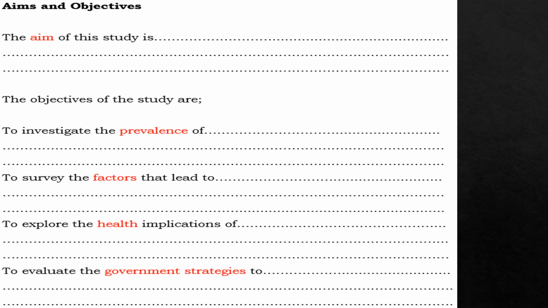The first objective would be around prevalence. This will be followed by factors, and also to explore health implications, outcomes, and so forth. And lastly, to evaluate government strategies to tackle this particular health issue. A very, very simple format that most students will use: aim and your 4 objectives. And this is how you will end your chapter 1.